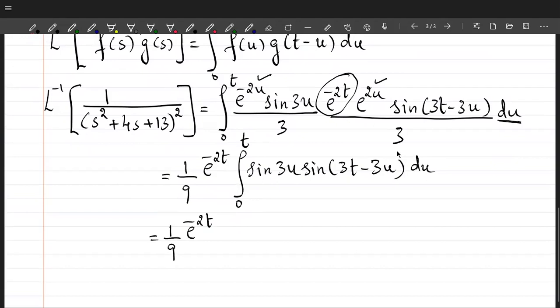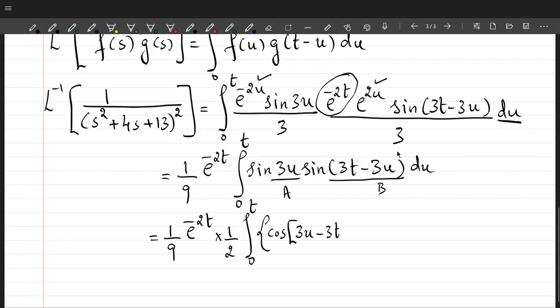What's the formula for sine A into sine B? So this is A here and this term is B. Sine A into sine B is equal to half of cosine of A minus B minus cosine of A plus B. So half into, let me write that half out, integration from 0 to t, cosine of A minus B. So cosine of A minus B will be 3u minus 3t, minus of minus 3u becomes plus 3u, then minus of cosine of A plus B. A plus B is 3u plus 3t minus 3u, and integration should be done with respect to variable u.